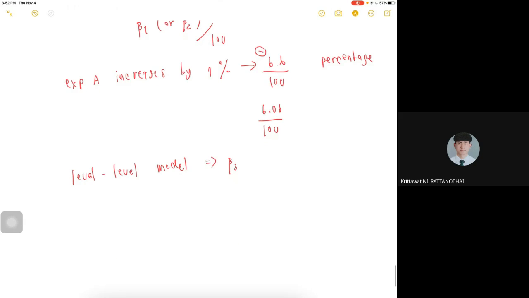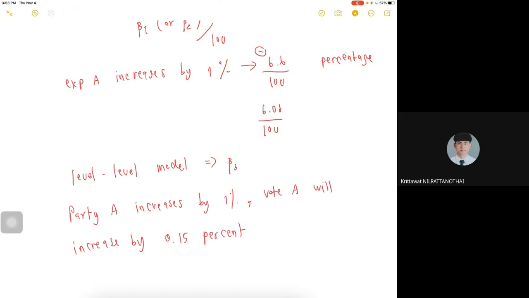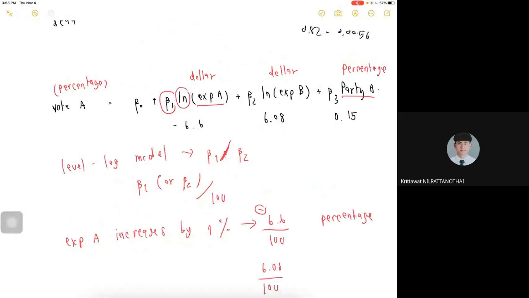So if party A, for example, I cannot remember what this variable is, increases by 1%, vote A will increase by 0.15%. Because we can interpret it as percentage if your variable already has that unit.